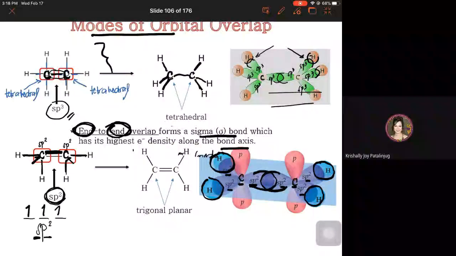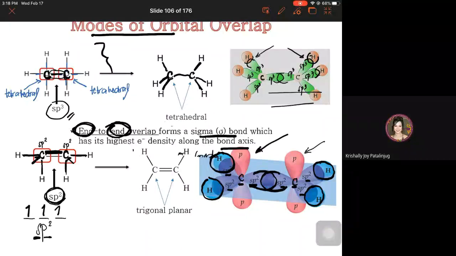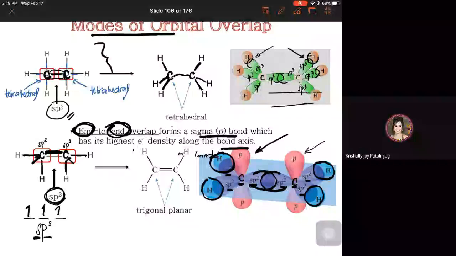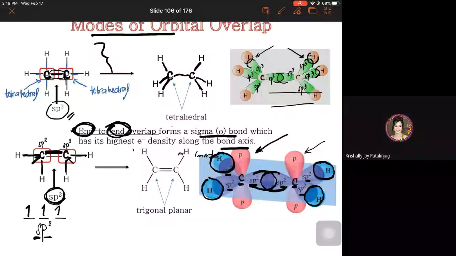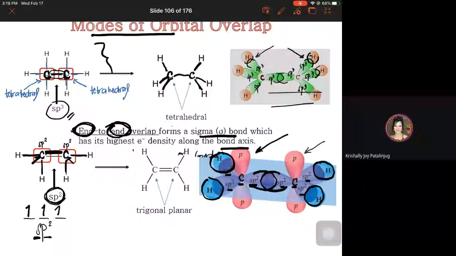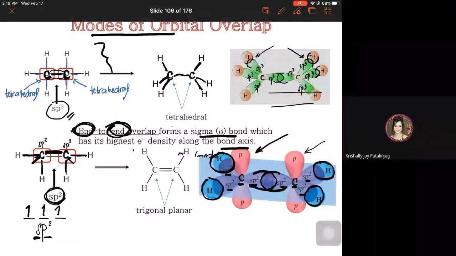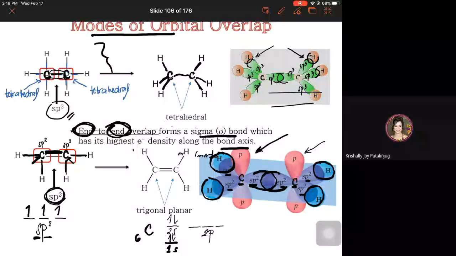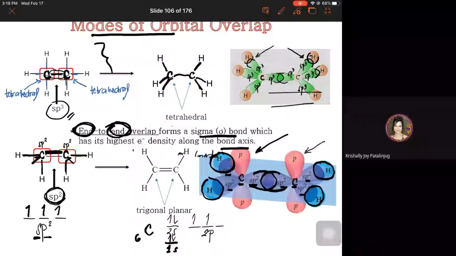Now, bakit may p orbital for each carbon? Recall that carbon has 4 valence electrons. Now, in the case of ethylene, ito yung isolated na electron distribution for the atom carbon: 1s2, 2s2, then 2p2.